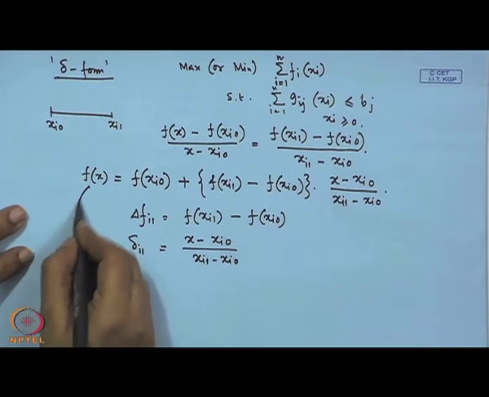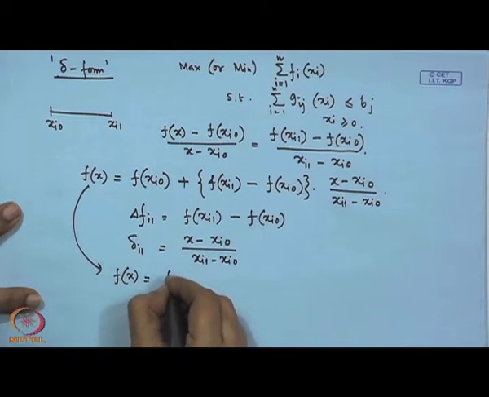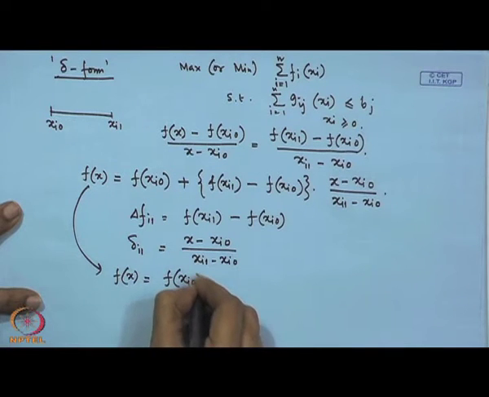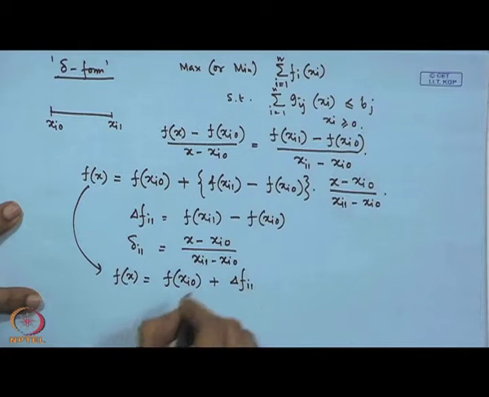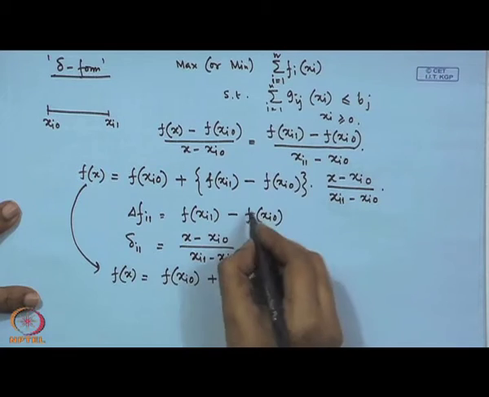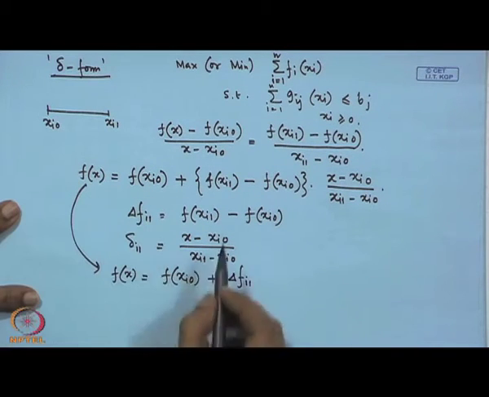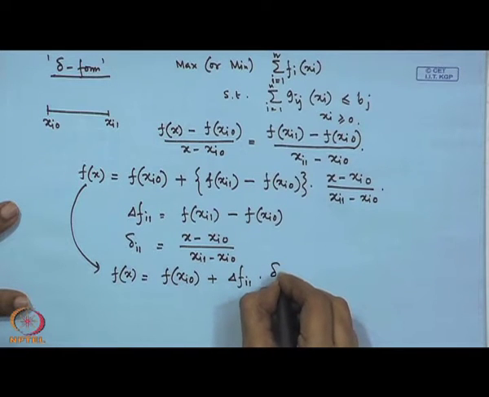If I am writing so, then f x can be written as f xi0 plus del fi1, that is a constant because we are considering the difference between the functional values in the consecutive grid points, into del I1.